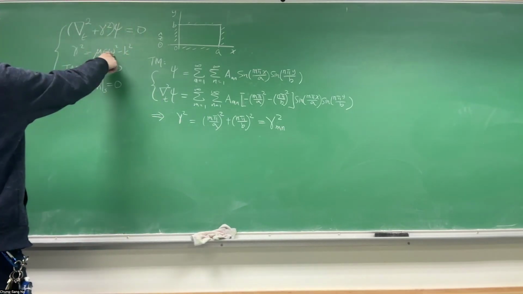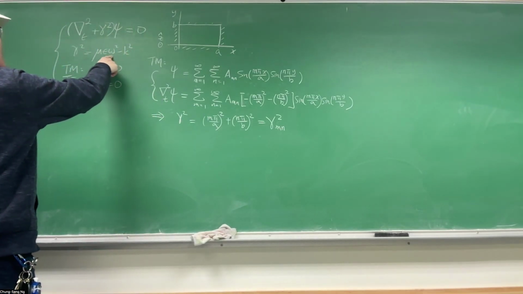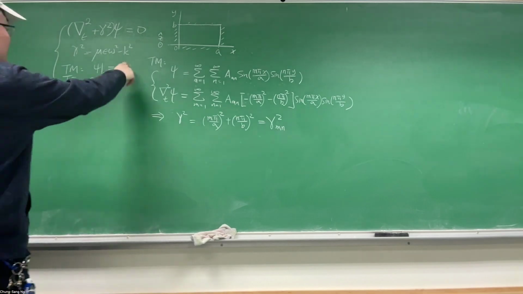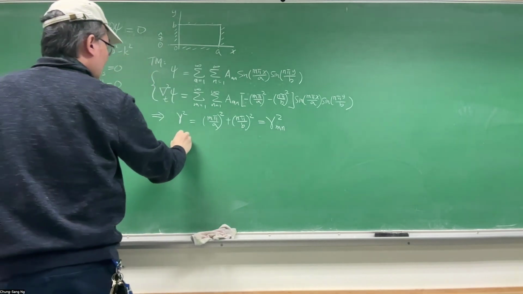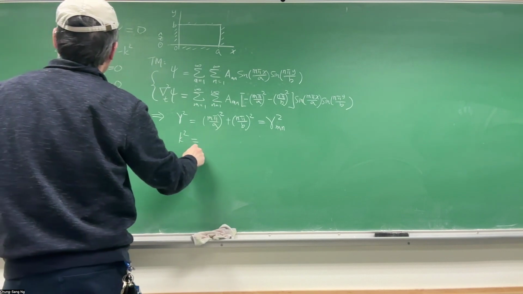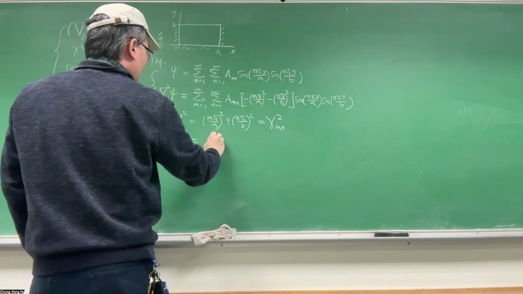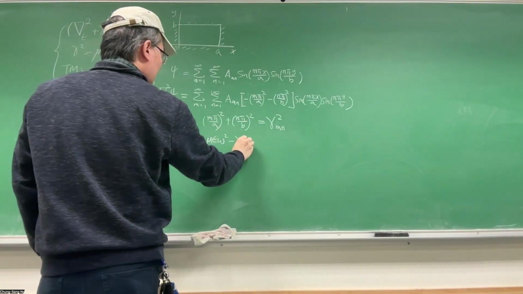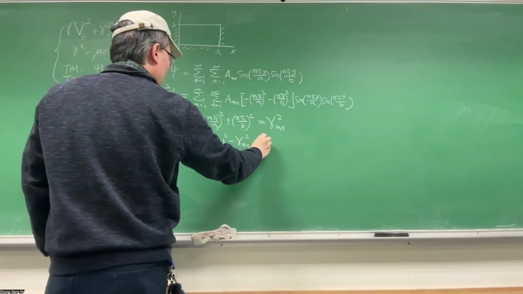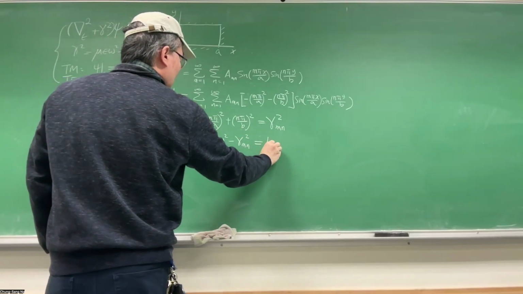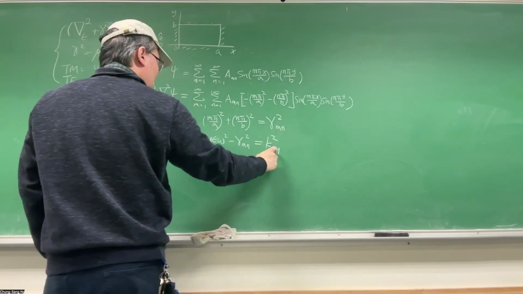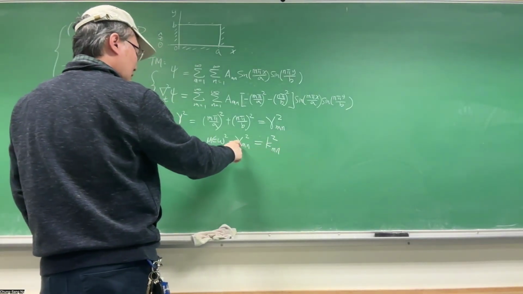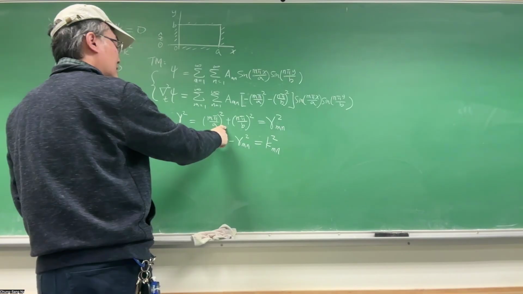So assuming that you are given an arbitrary omega, just choose your frequency, then k squared would be equal to mu epsilon omega squared minus gamma mn squared. So this would be your wave number. Also now it's discrete. So you only take a discrete value k sub mn, which is given by this gamma mn.